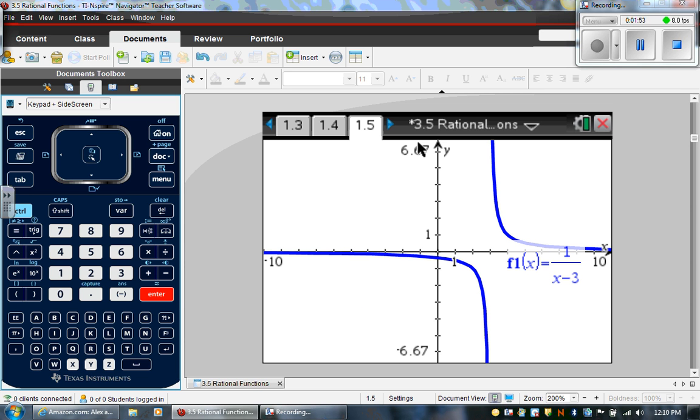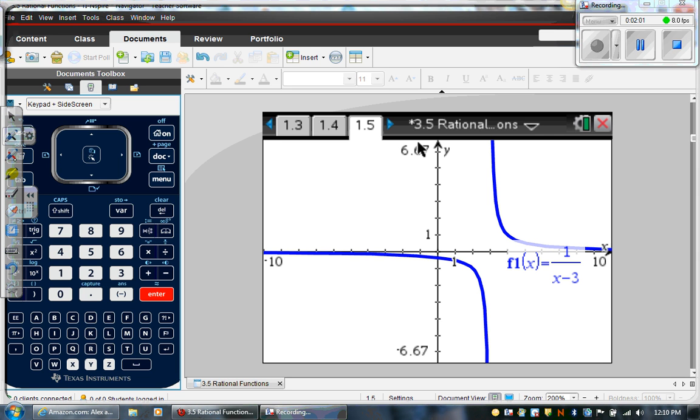And this is what I wind up getting. Now, if we look closely, we notice that something seems to be going on in this area here.